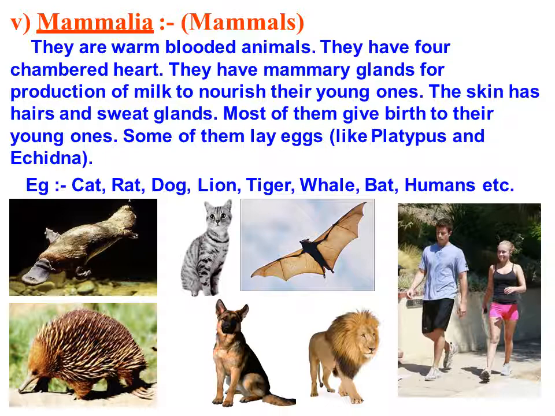They simply lay eggs and leave them. They don't nourish, they only help or care. But mammals have mammary glands and they nourish the young ones. The skin has hairs and sweat glands.